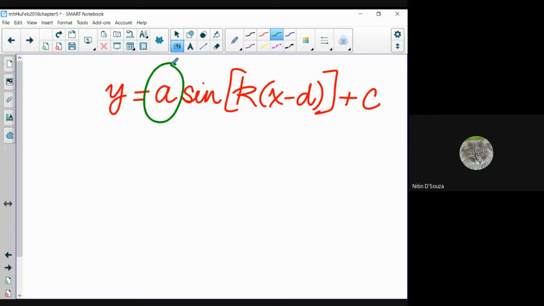So I've got two sides. The first side is equations that we're going to graph.